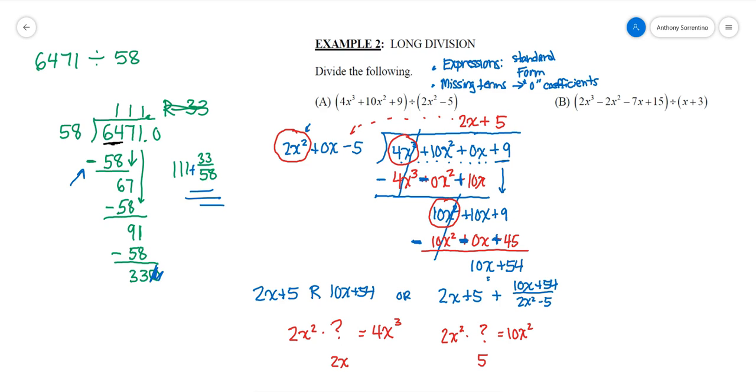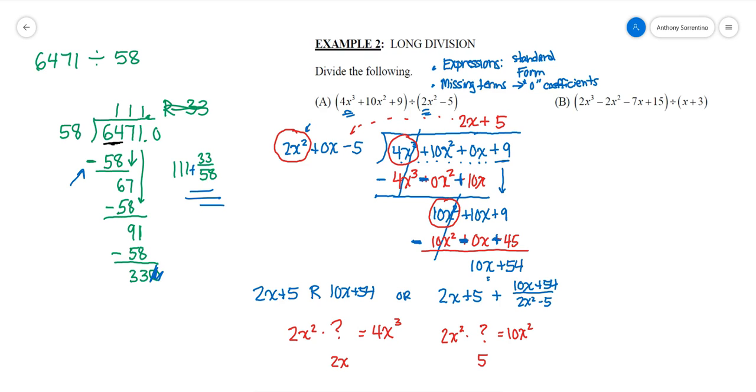Now, this one wasn't too bad because we started with an x cubed term. We were dividing by an x squared expression. The bigger the discrepancy between the two, the more work there would be when I do long division. So here, I had to do two different steps to do this long division because I was taking an x cubed expression and dividing it by an x squared expression.